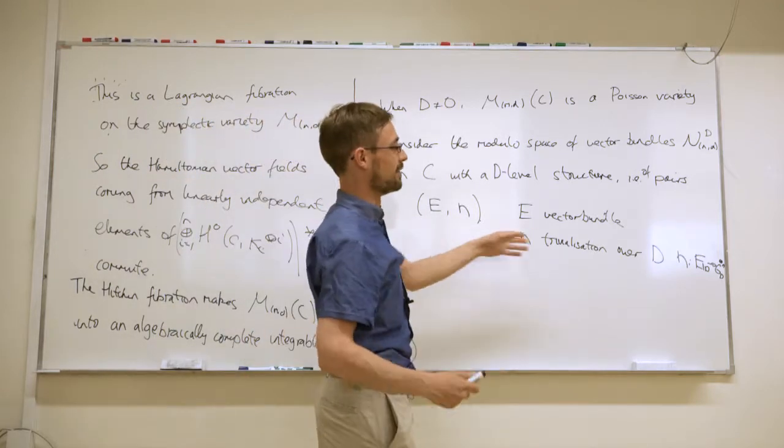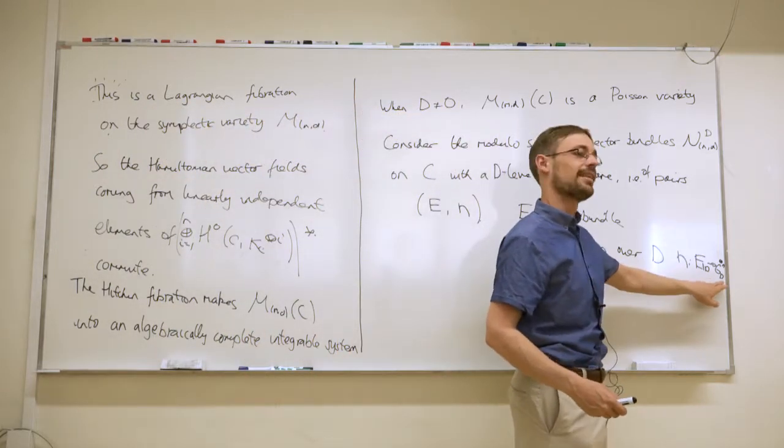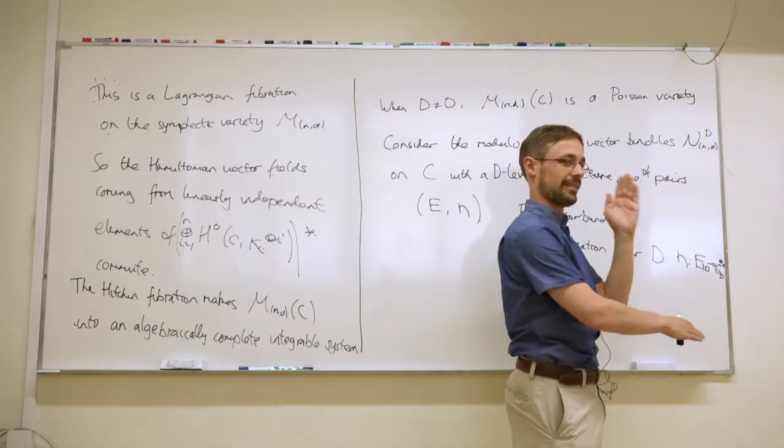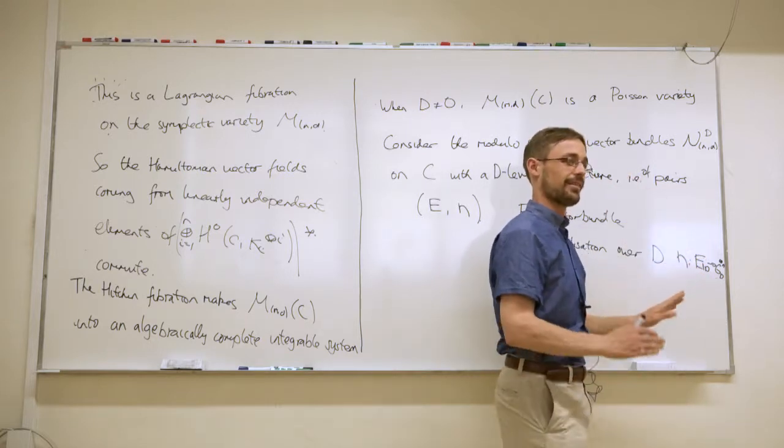If you imagine D being reduced for the time being, then this is just a vector space, and this is just giving you some fixed isomorphism of this to this vector space.